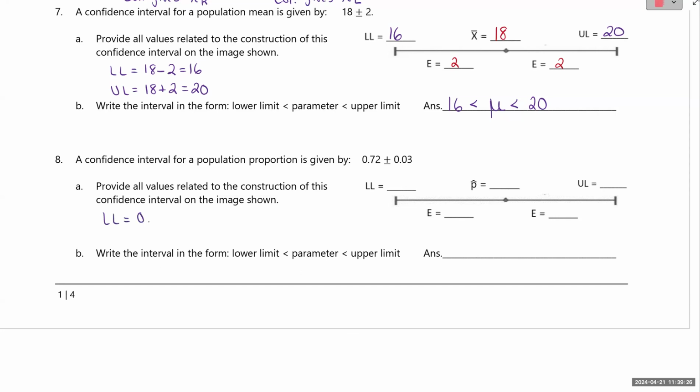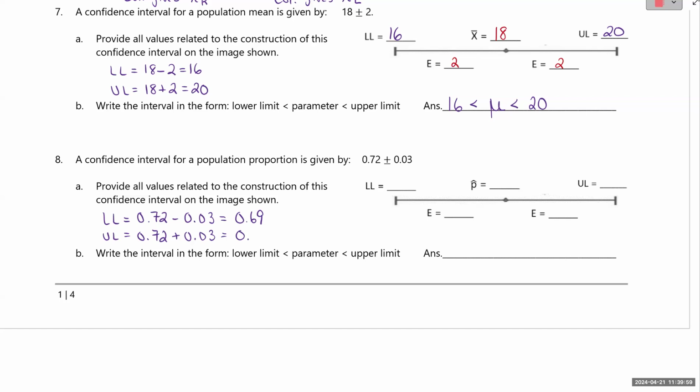So for the lower limit, we take the 0.72 and subtract the margin of error. I just wrote that incorrectly, sorry. 0.72 minus 0.03. So that will be 0.69. And then upper limit, 0.72 plus margin of error, 0.03.